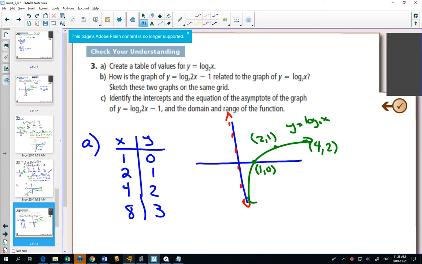You even hate 1/2? 1/2 is a great example. You would get (1/2, -1). Excellent work. Because if x is 1/2, 2 to what exponent is 1/2?